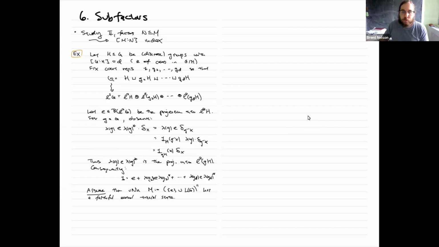A priori, there's no reason to expect this to be true, but we'll see in a bit that this actually is a reasonable assumption. Call this tracial state tau.